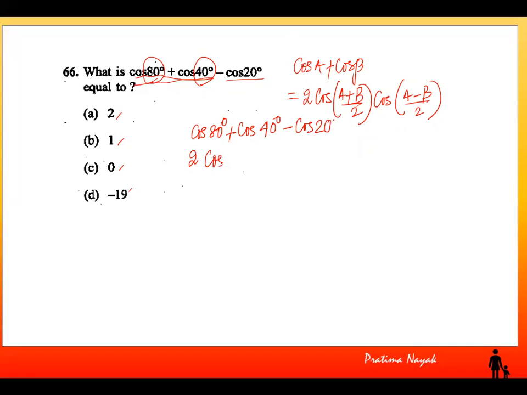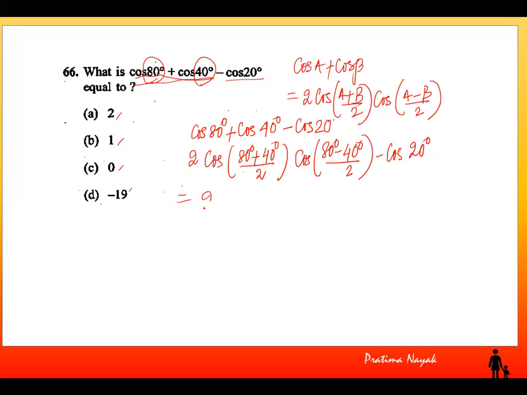2 cos of (80 plus 40) degrees by 2, into cos of (80 minus 40) degrees by 2, minus cos 20 degrees.